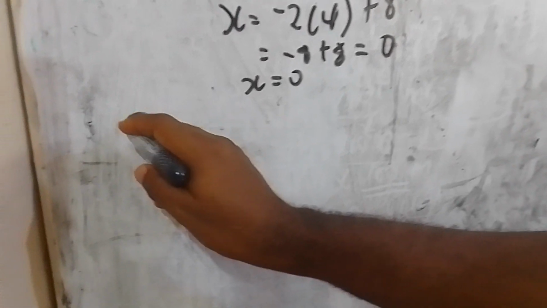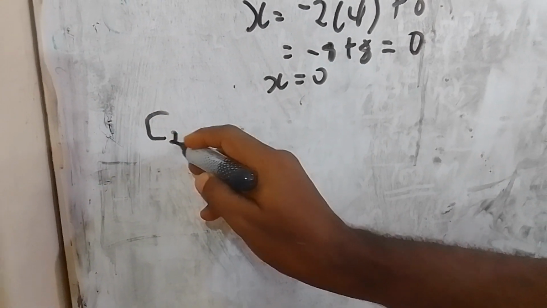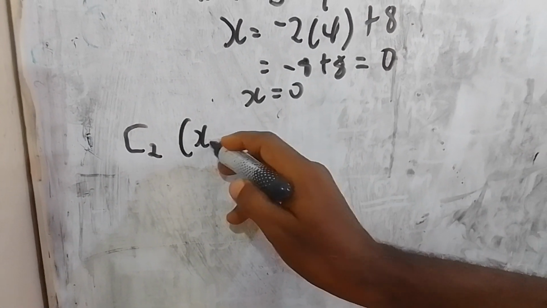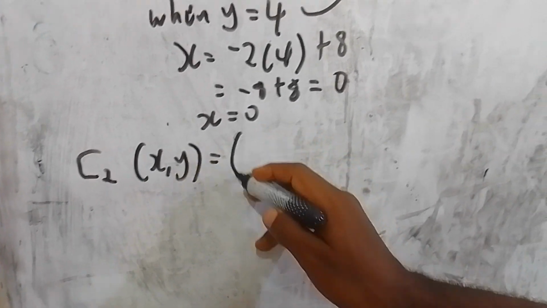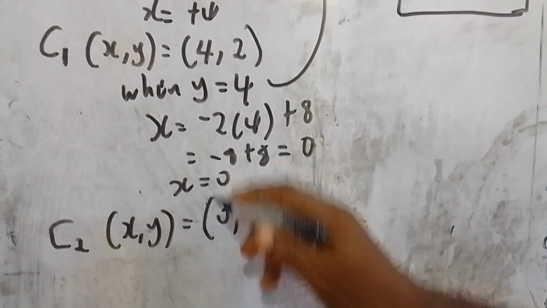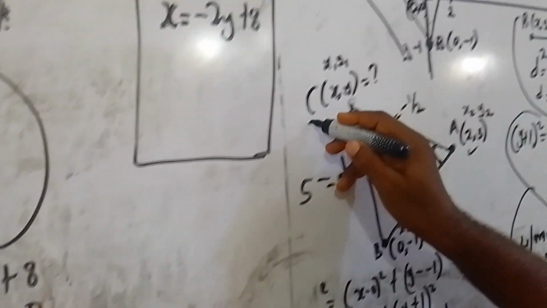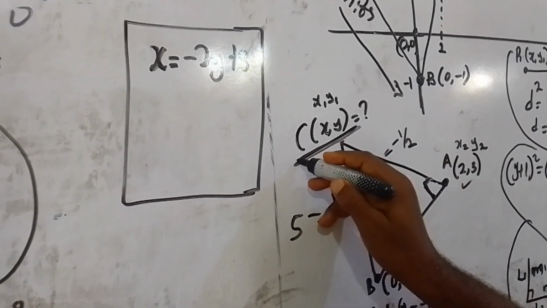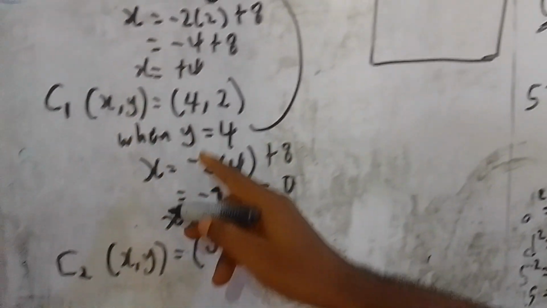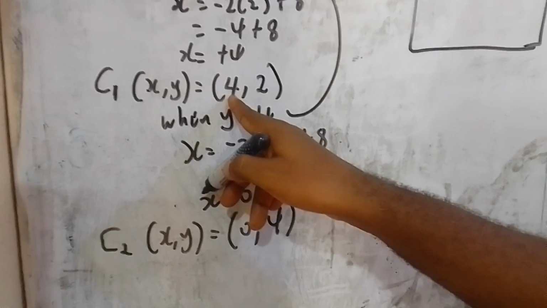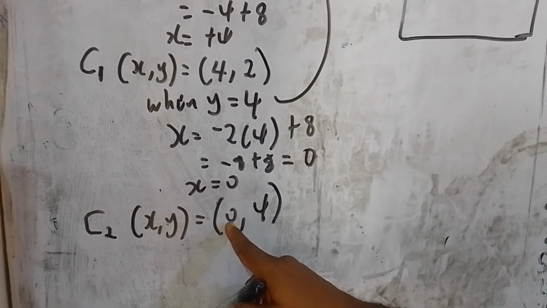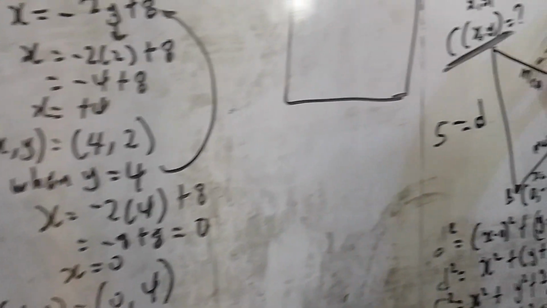So that means I'm having another coordinate for the point C, which is 0 and 4. So in a nutshell, this point C has two locations. One of the locations is the coordinates 4, 2 and the other is 0, 4 on the Cartesian coordinate system.